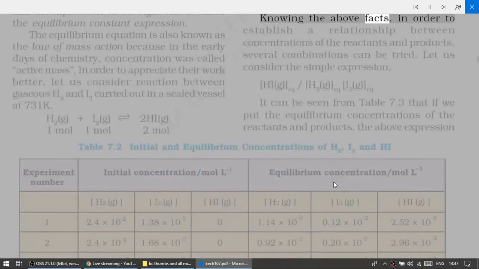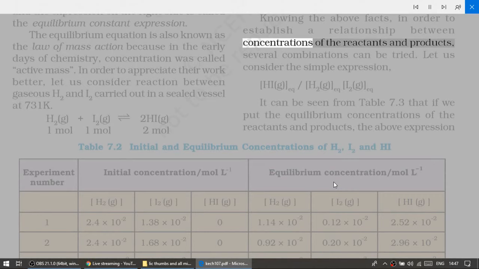Knowing the above facts, in order to establish a relationship between concentrations of the reactants and products, several combinations can be tried. Let us consider the simple expression [HI(g)]eq/[H2(g)]eq[I2(g)]eq.